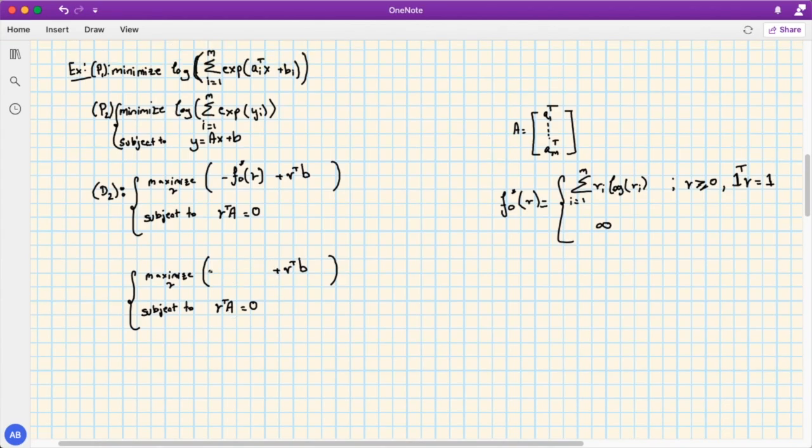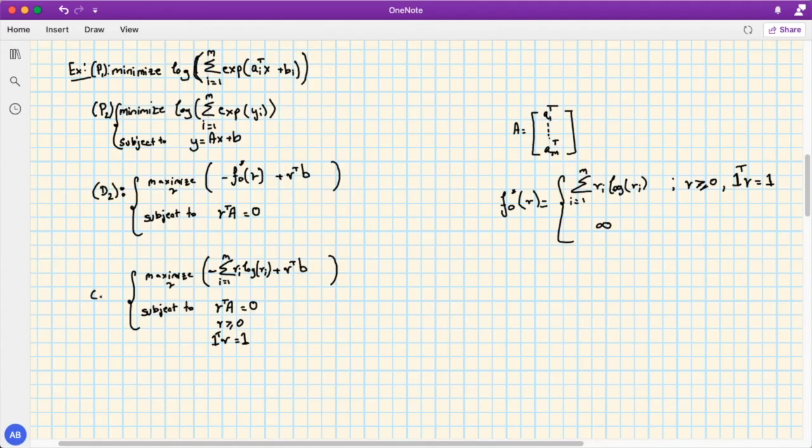So minus the sum over i going from 1 to m of nu i log nu i. And we will also be adding those two as constraints. The first constraint is that nu is positive, and the second one is 1 transpose nu is equal to 1.